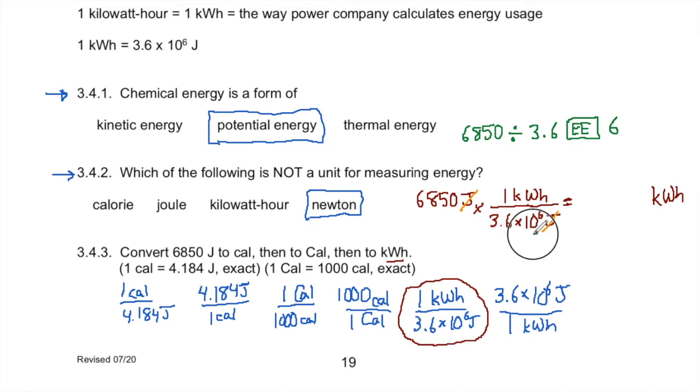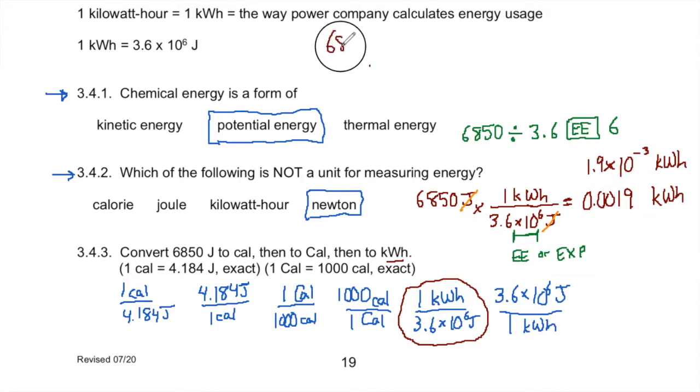So your EE or EXP button on your calculator is the times 10 to the button. And my calculator gives me 1.9 times 10 to the negative 3 kilowatt hours, or 0.0019 kilowatt hours.